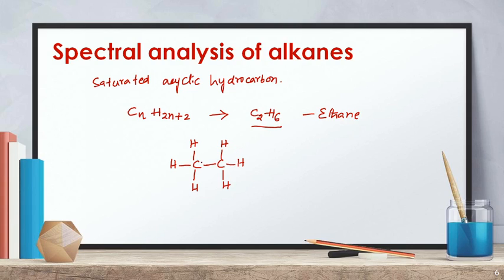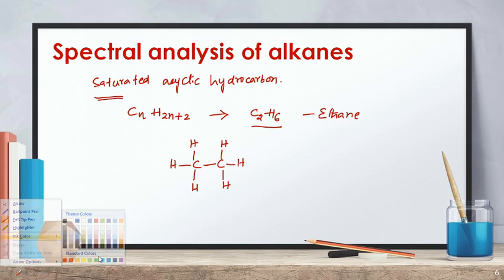Now if you want to give the analysis of a particular compound, any alkane, you can find which type of connections are present. Here you have only single bond connections between the atoms, because we are studying saturated hydrocarbons.